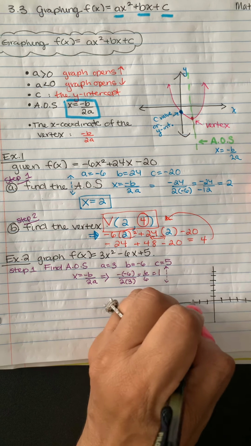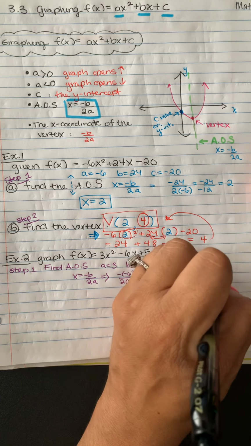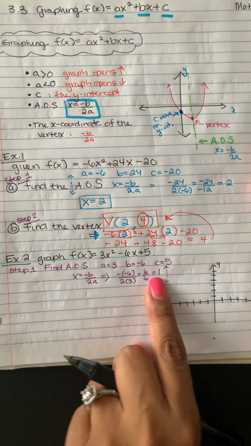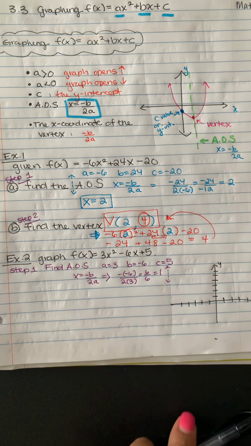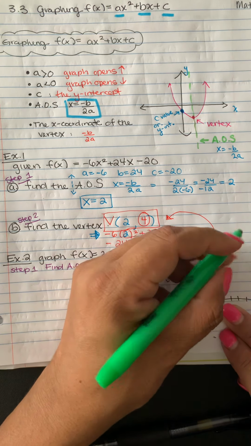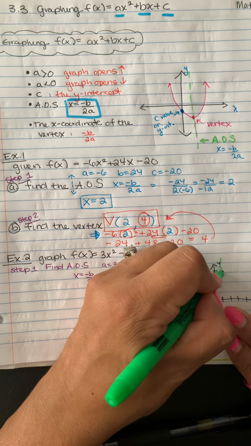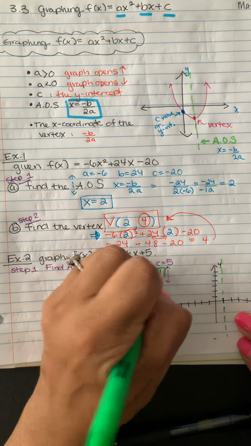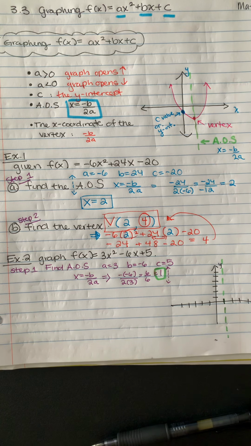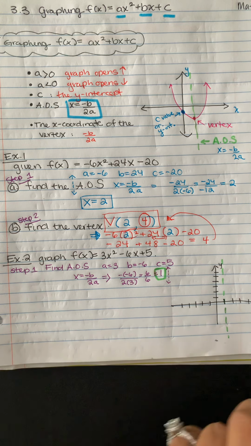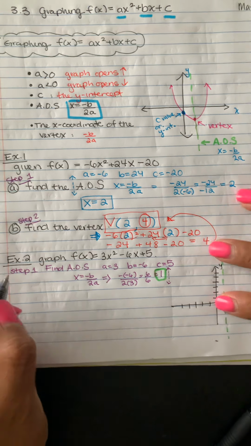We'll do 1, 2, 3, 4, 5. Okay, so positive 1. It's going to be our dotted line. There it is right here. So this is my AOS. X equals 1. Dotted or solid line.